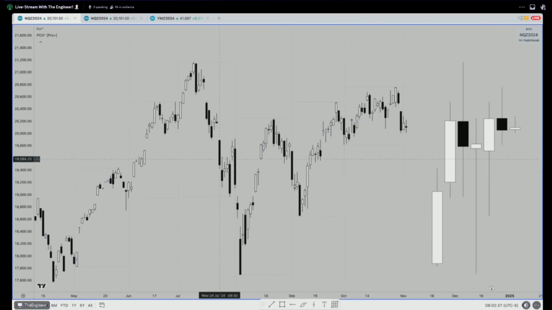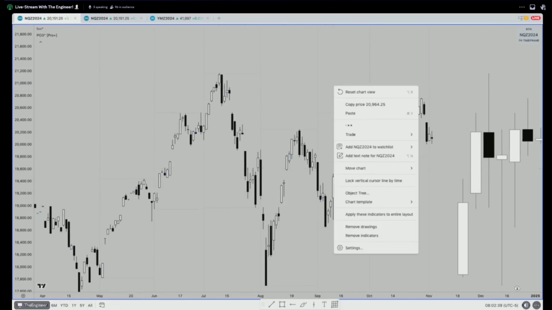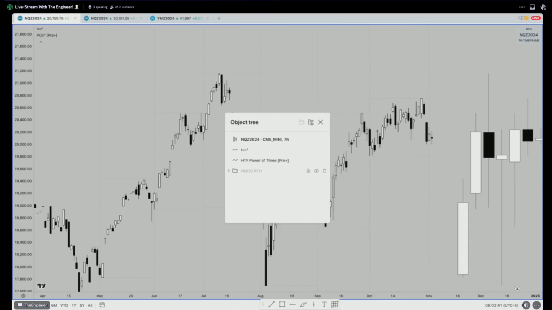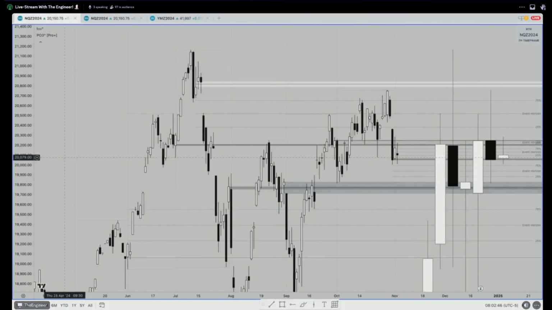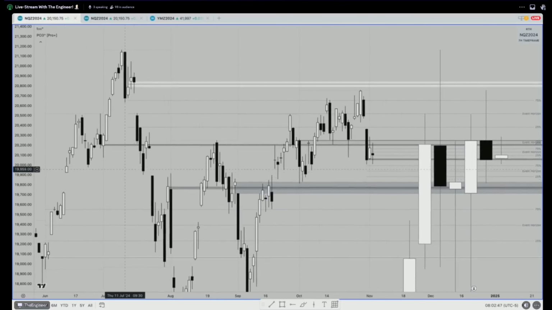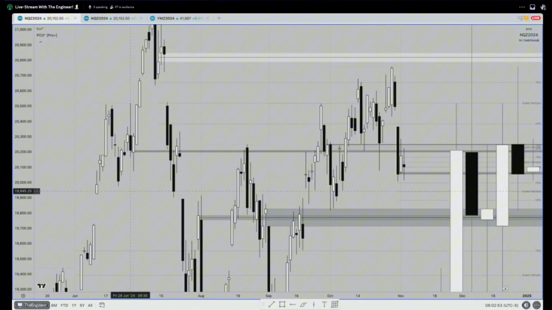Basically, what I like to do is this. I have my drawings here, and I draw every monthly opening from regular trading hours and extend it to price action.